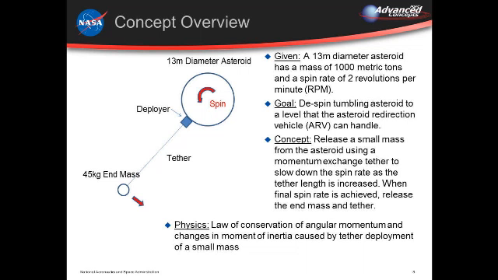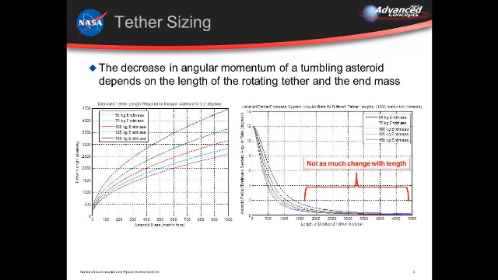Basically what we're doing is releasing a small mass, deploying it from the surface of the asteroid, letting the spin rate go down, and then when it goes down to an acceptable level, we can separate this system, and then the asteroid retrieval vehicle can take it from there. And so we're using angular momentum and changes in moment of inertia to do this.